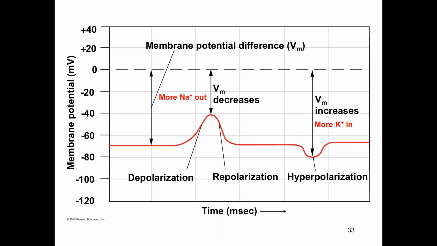This is why the pump is moving these things in opposite directions against their concentration gradient. Now, when the cell flips its potential, the charge across the membrane is going to decrease. I want you to see the difference here is decreasing.